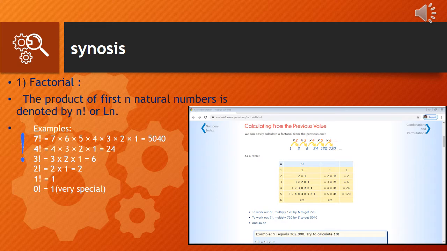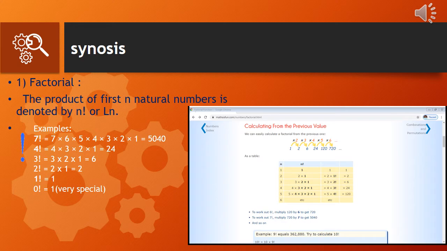You can see the notations of factorial here clearly: n followed by an exclamation symbol, or L n. Generally we use the first notation, n followed by the exclamation symbol.